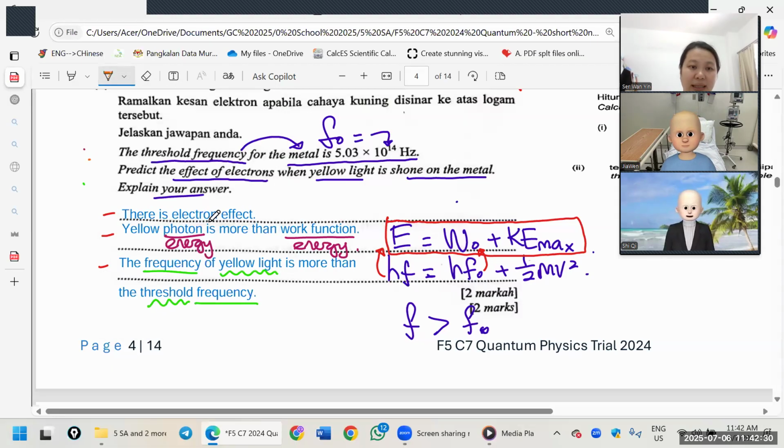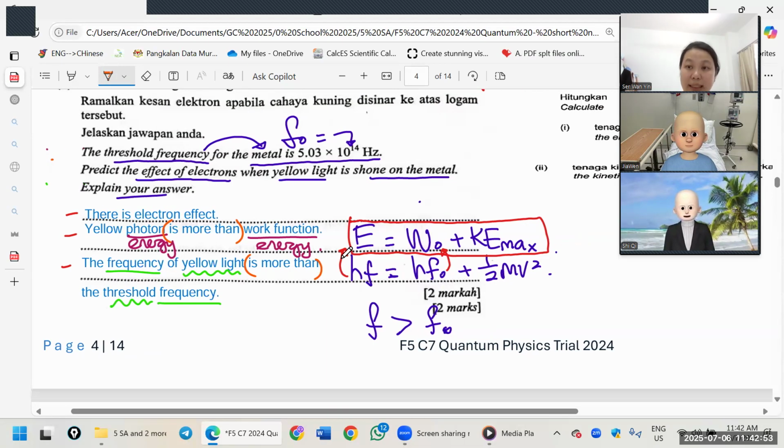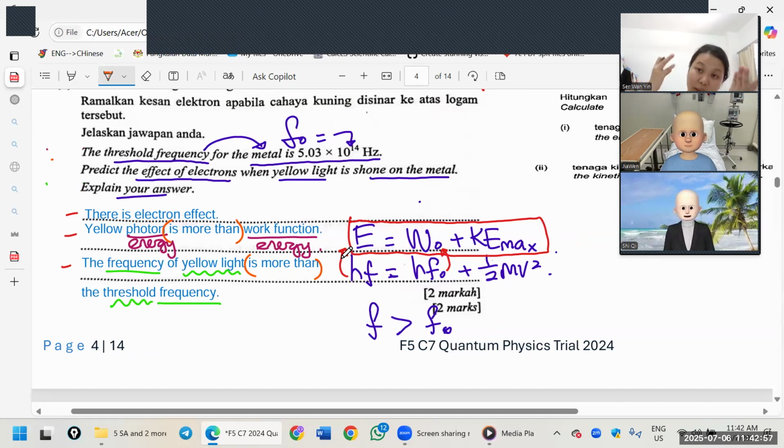Get the idea now? Compare. If I don't say energy, you forgot. Photon is energy. Work function is energy. So always compare energy with energy, frequency with frequency.